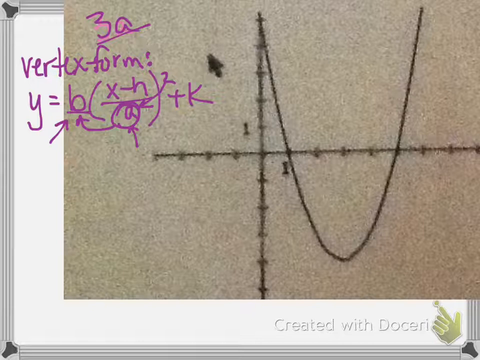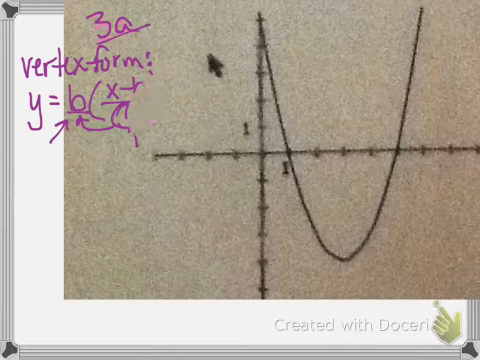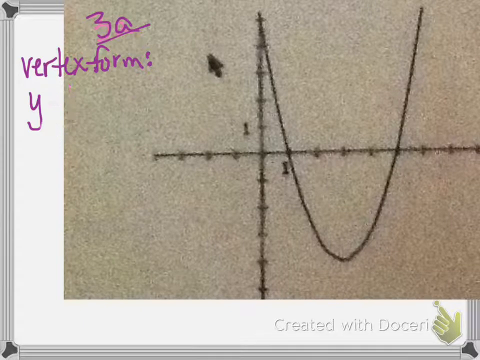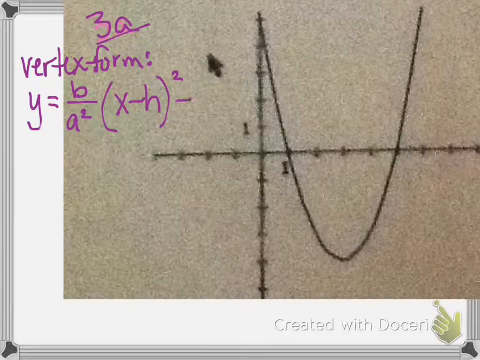So now when I write this equation, instead of writing it the way we did in chapter 3 or chapter 4, I'm rewriting it as b divided by a squared times x minus h squared plus k. That way I don't forget that I'm writing it as a single scale factor. Okay?